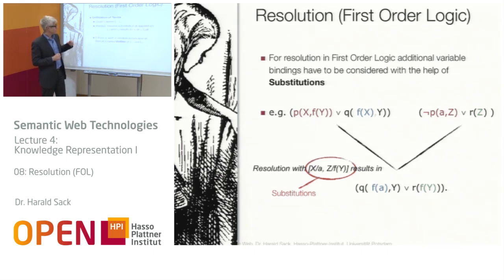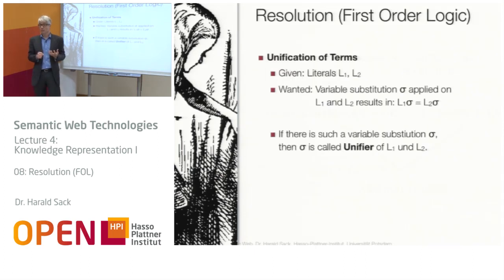So the unification of terms is defined in the following way. Let's say we have two literals, L sub 1 and L sub 2. And what we want is a variable substitution sigma. So variables can be substituted by constants or by functions of variables. And this variable substitution sigma should be applied to L sub 1 and L sub 2, to our two literals.